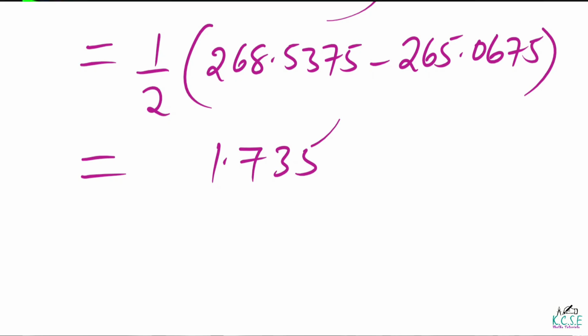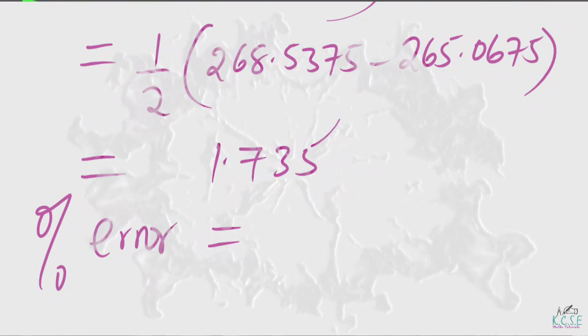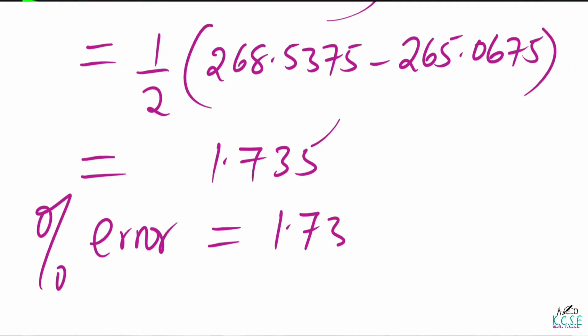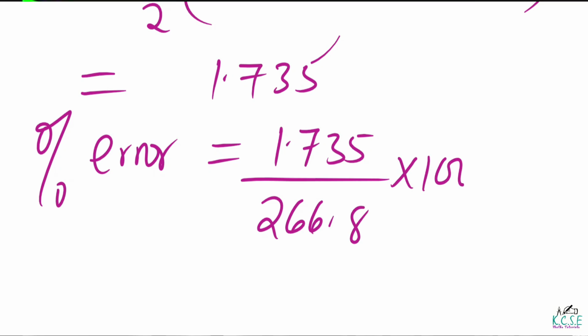Now we have the absolute error. Therefore, the percentage error will be given by the absolute error divided by the actual area, which is 266.8, multiplied by 100.